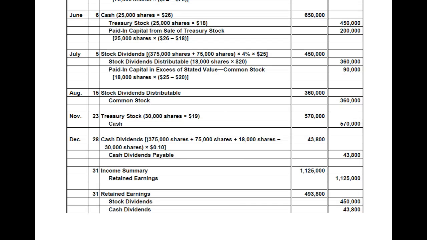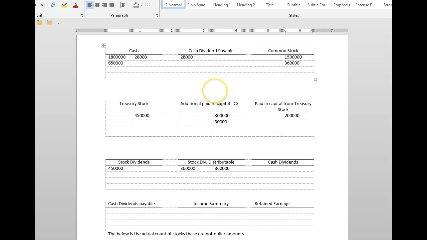So let's go back, and now we're on November 23rd, and we purchased some more treasury stock. We purchased 30,000 shares at 19, and that was $570,000, and $570,000 in cash. So if we come back, let's go to here. Now what do we do with this? How much cash was that?